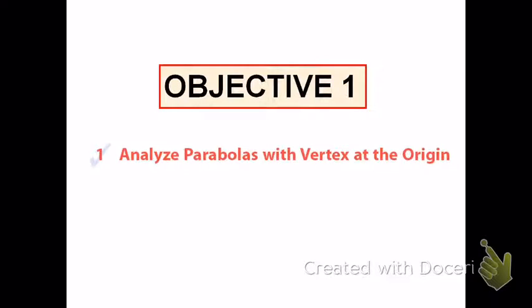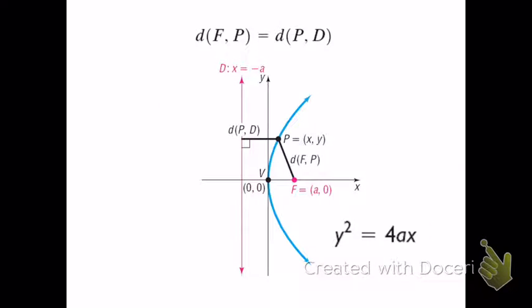So let's take a look at, or analyze, a parabola where its vertex is at the origin. So here we've shown that same definition that we just talked about. We have a set of points that's equidistant from a point called the focus. Focus is actually on the x-axis in this case.